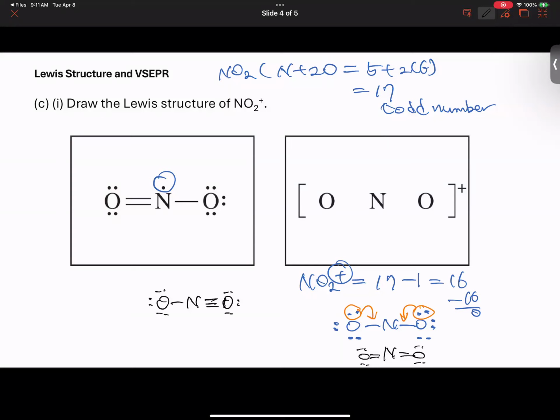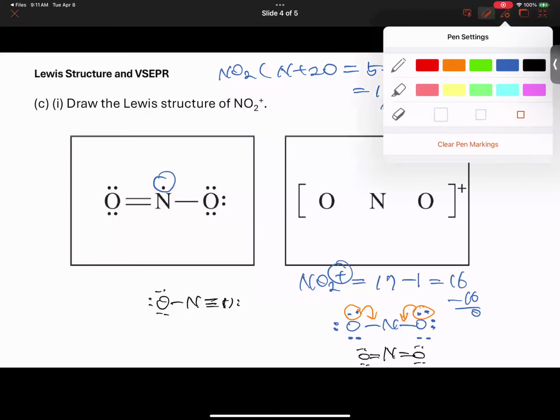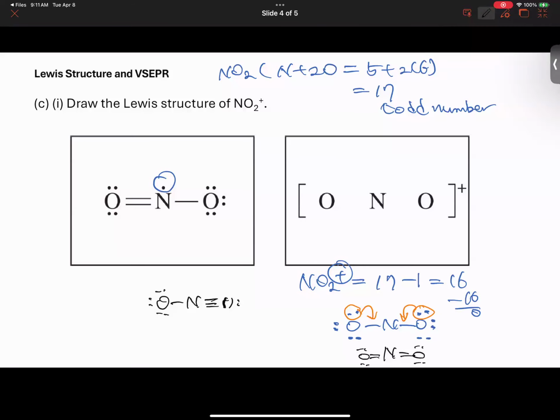But when you assign the formal charge, let me erase this one. This has only one lone pair. So in this case, when you assign formal charge, oxygen has +1, this is -1, nitrogen always +1. So this is very unstable. So the major stable Lewis structure will be double bonding right there, double bonding right there.